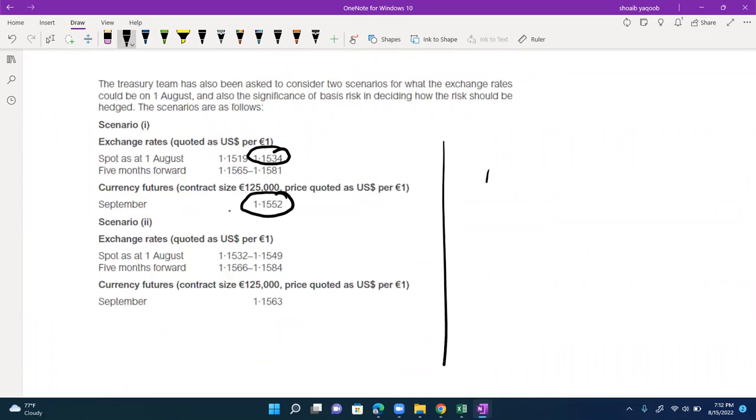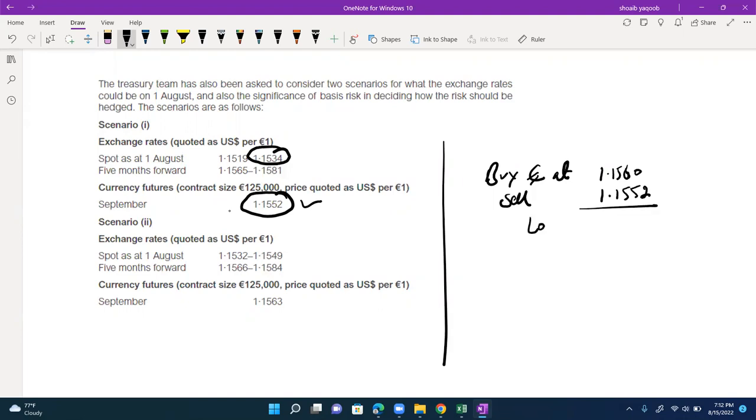You have already bought euro at 1.1560. You have done the contract to buy euro at 1.1560. But now the same future moves to 1.1552. So you will buy at 1.1560 and sell at 1.1552.